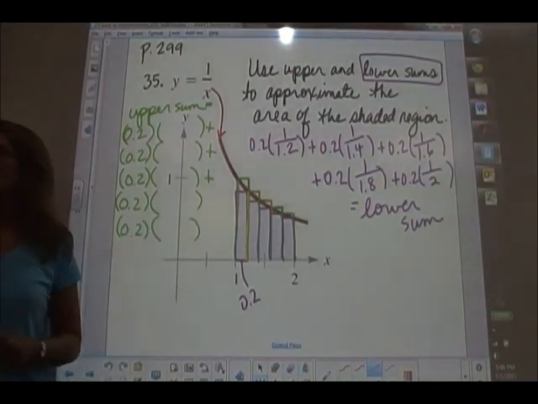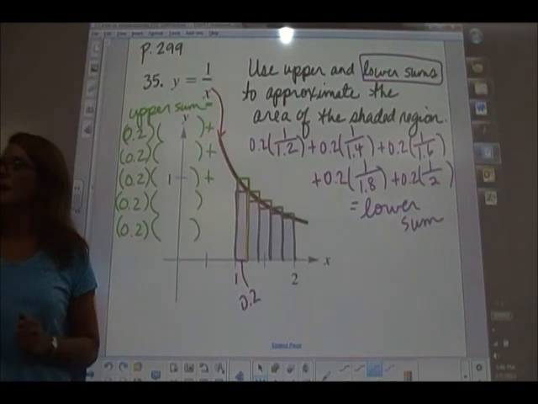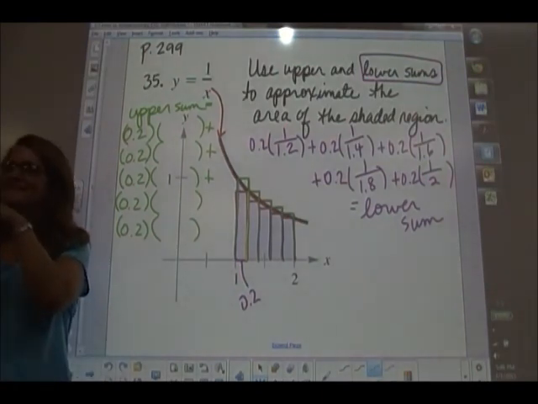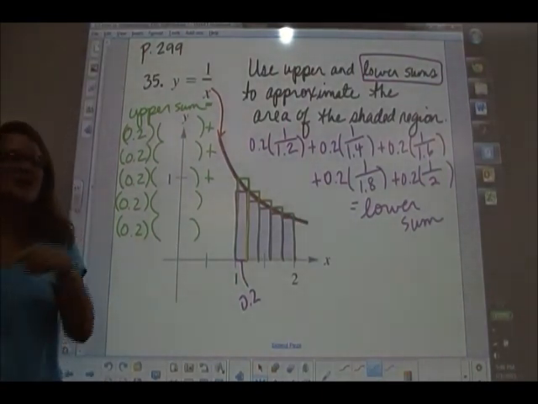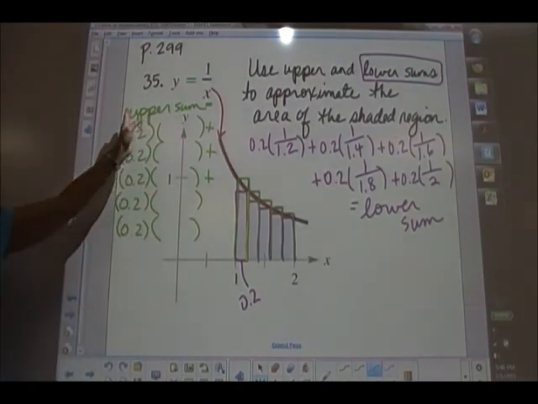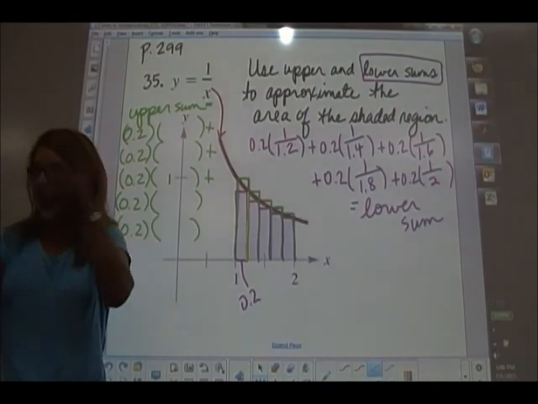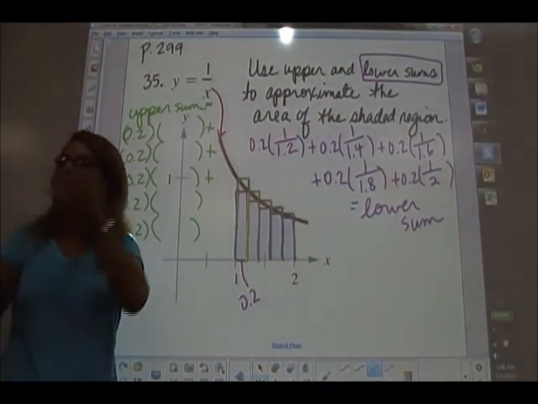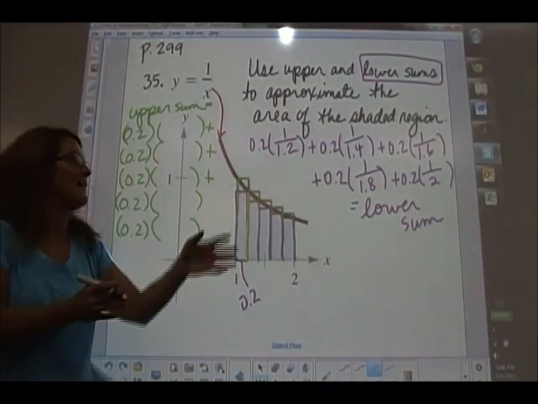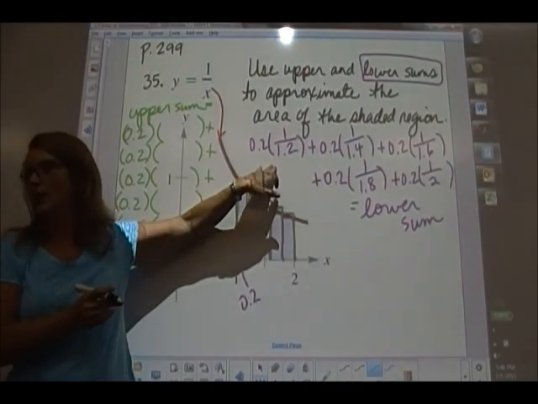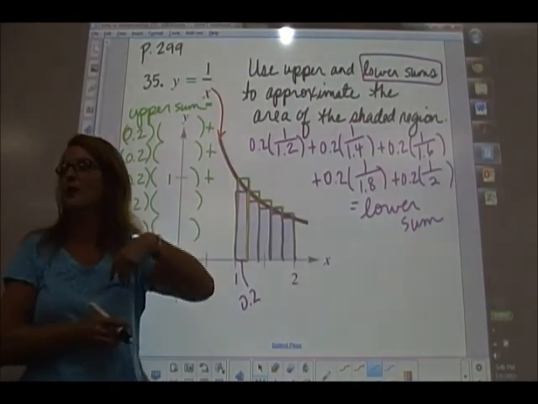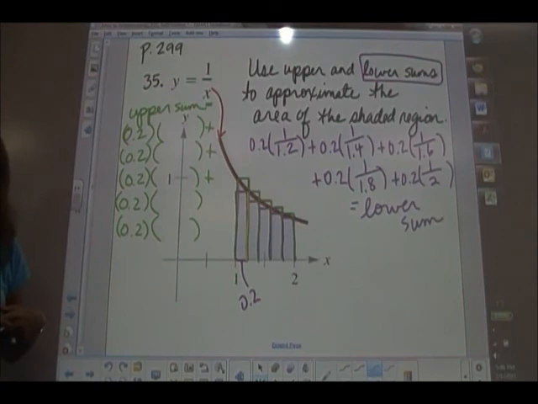But this time, yes sir? For the sake of simplicity, could you factor out the 0.2? Absolutely. So to add up all your heights, good William, you would add up all your heights, that would be your total height of all the rectangles, and then just multiply your sum by 0.2. Absolutely. Add up all your heights and then multiply by your common consistent interval or width.